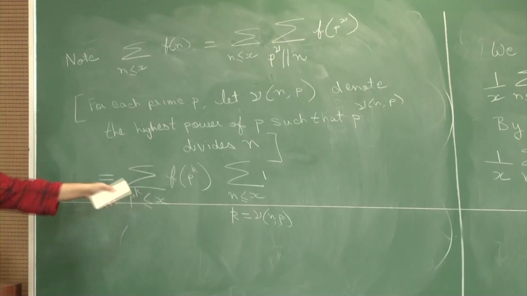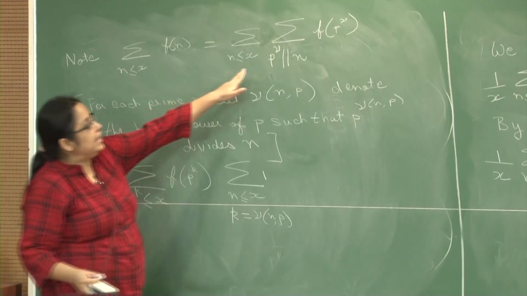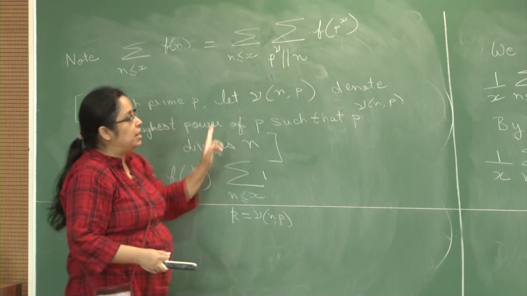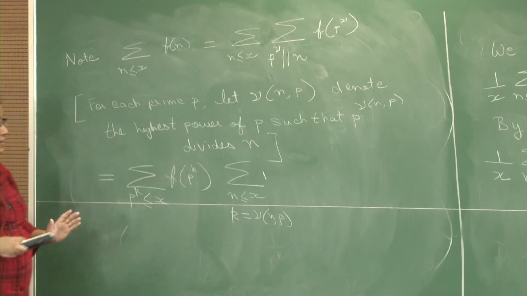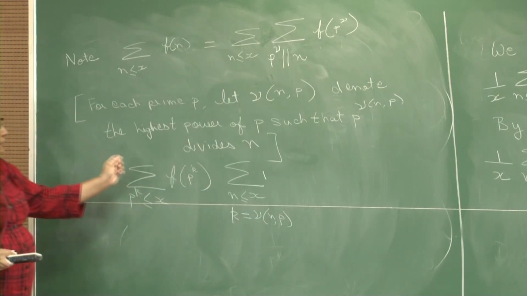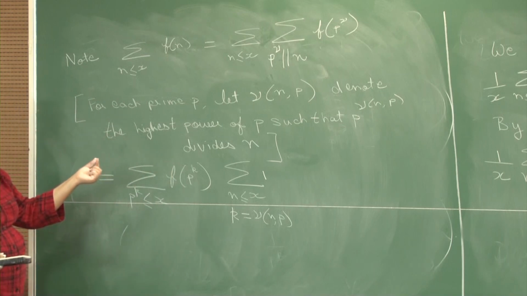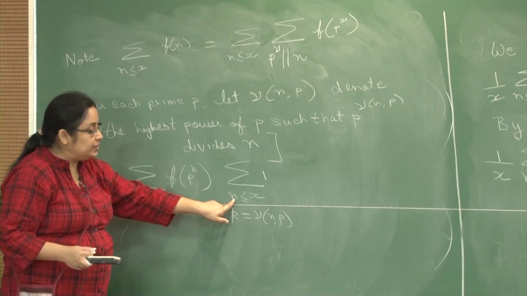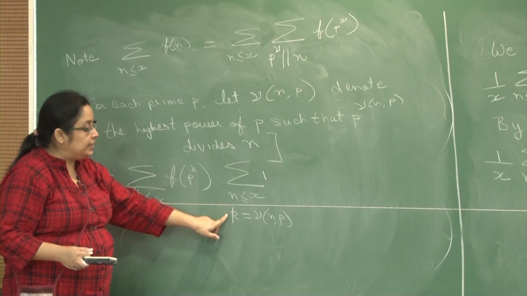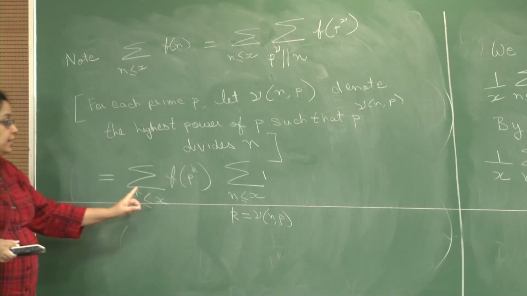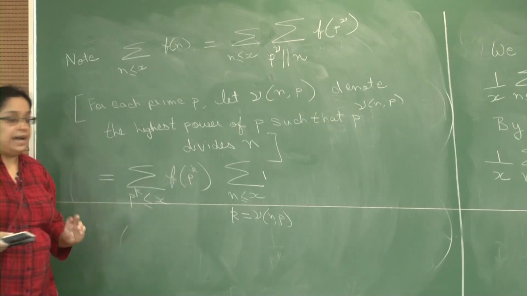Do you see this interchange of summation? We are taking out all possible prime powers, and then in the inner sum, given any particular prime power, we are counting all those n for which p to the k is the highest power dividing the number n.